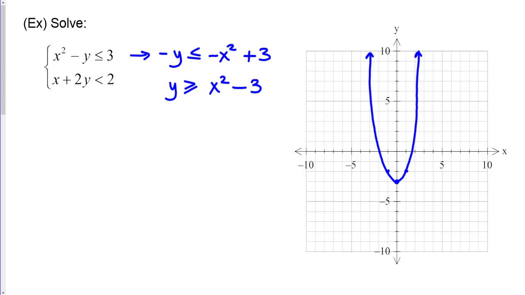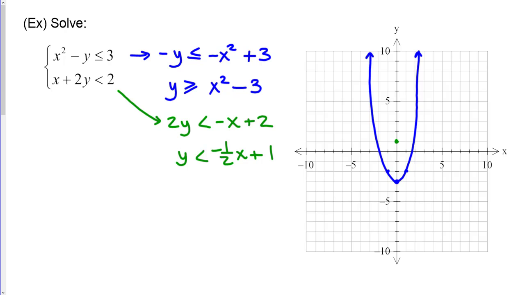The next curve, I'm going to solve this for y. So 2y is less than negative x plus 2, or y is less than negative 1/2 x plus 1. So this is a line, and when I graph this line, the y-intercept is positive 1, and I have a slope of negative 1/2.